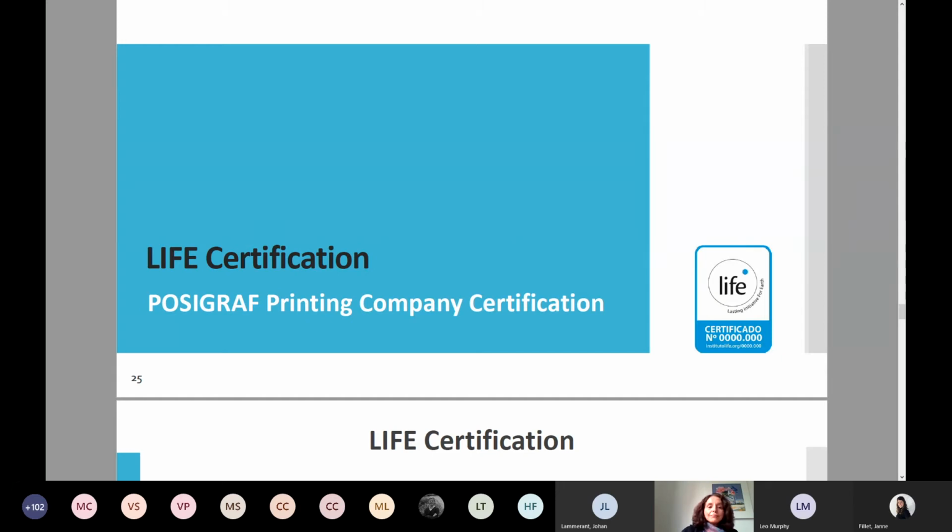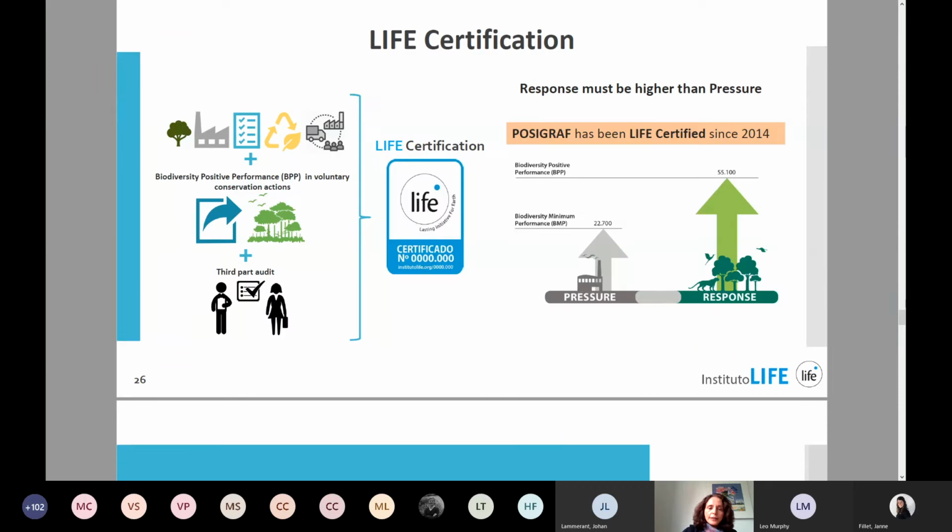So Posigraph has been certified. Next one. So how they were certified? Because Posigraph made a response higher than the pressure. In this slide here is very simply showed. Biodiversity minimum performance required was 22,700 points, and they've done more than 50,000.